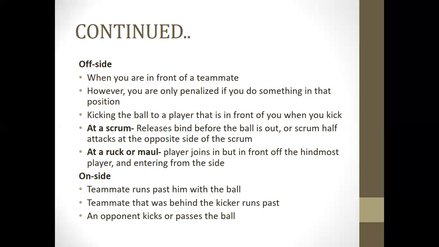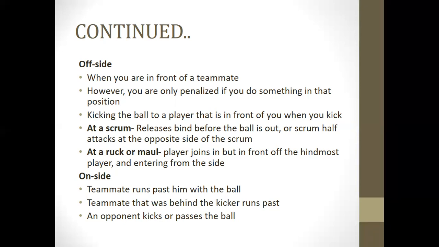And then at the scrum, did we do? I think scrums we'll do next maybe. But at a scrum, when you release the bind before the ball is out, or the scrum half attacks at the opposite side of the scrum, then it will be considered as an offside.